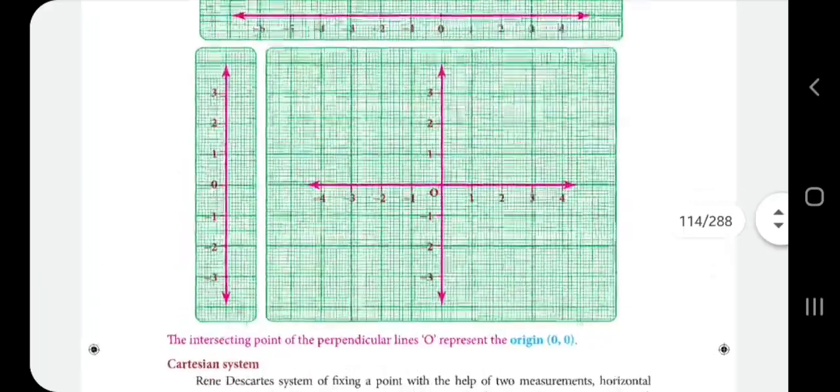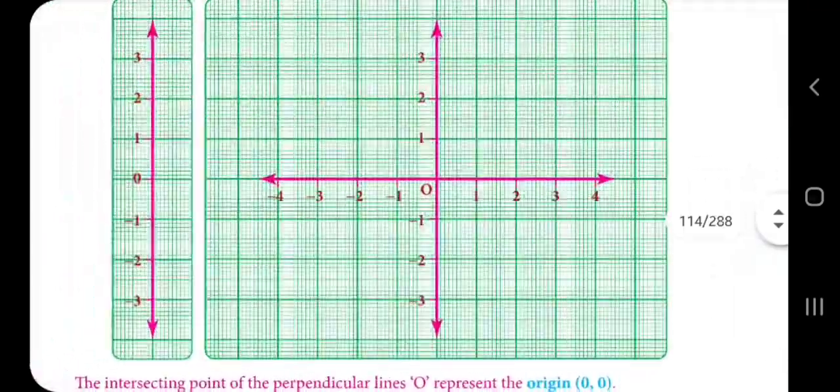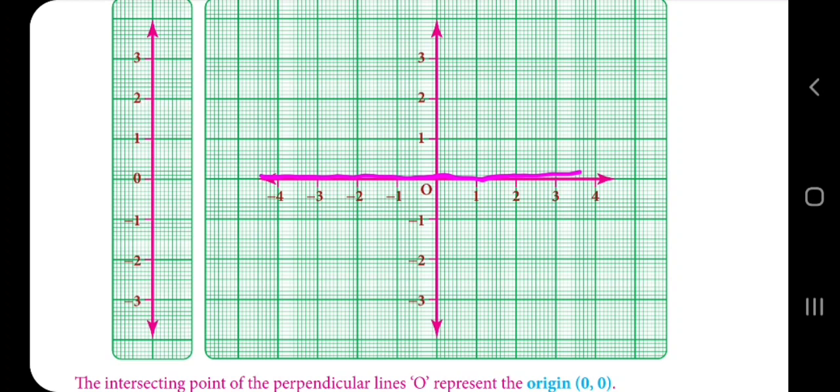If you see the graph sheet, first of all you should know how to draw the graph lines. First, the horizontal line. On the horizontal line, you should mark the numbers 1, 2, 3, 4. The center part is O, which is 0. We can name it O, the origin. Then on the left hand side, you can notice the negative integers.